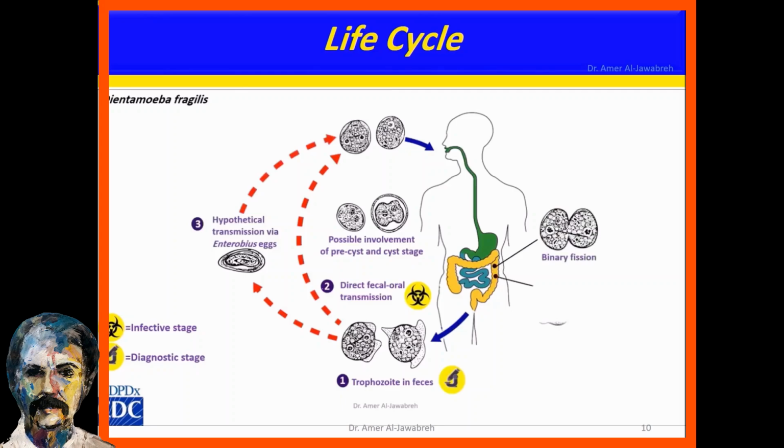So when it gets in the stomach, it is protected either by the milk, as we said, or it might have a pre-cyst stage, or through this parasite Enterobius vermicularis, any of these, and then gets inside the intestine. And once in the intestine, one becomes two. We call this binary fission.